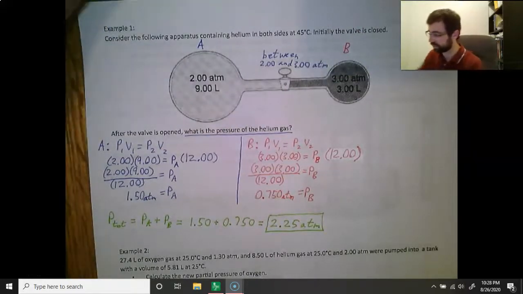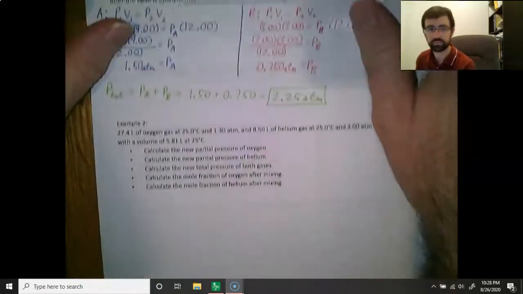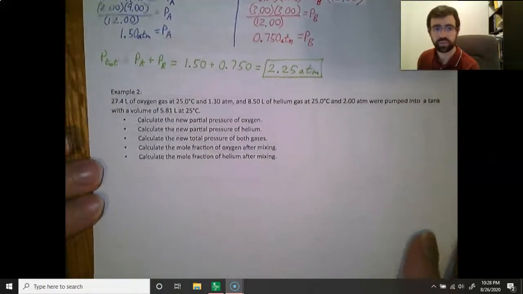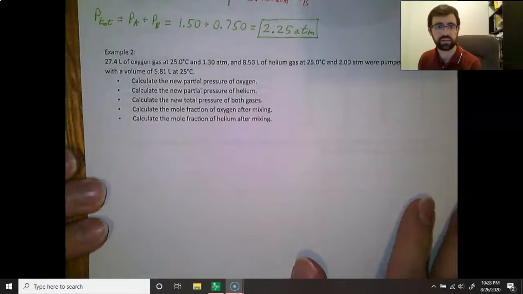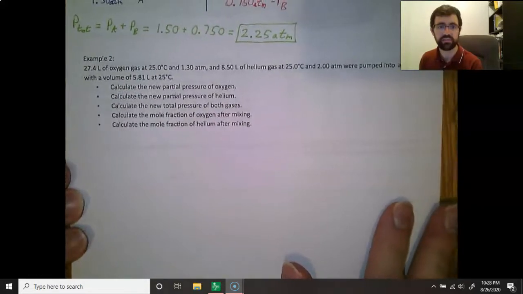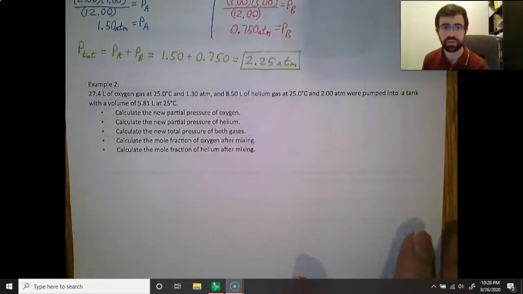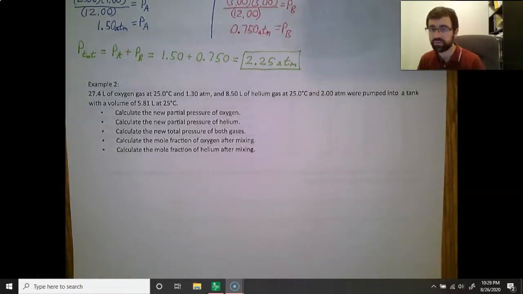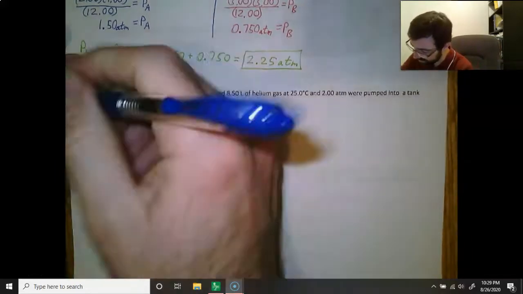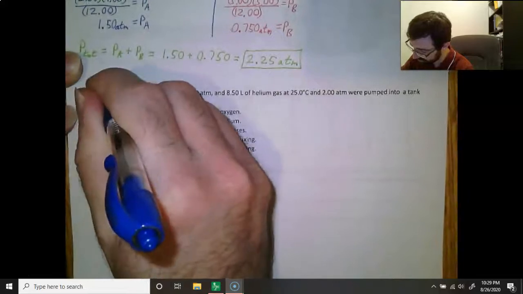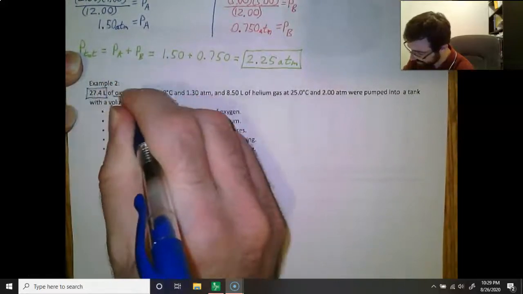Example number 2. 27.4 liters of oxygen gas at 25 degrees Celsius and 1.30 atmospheres, and 8.50 liters of helium. Hold on, let's back up. 27.4 liters of oxygen gas.